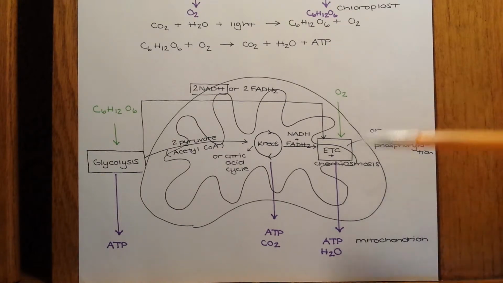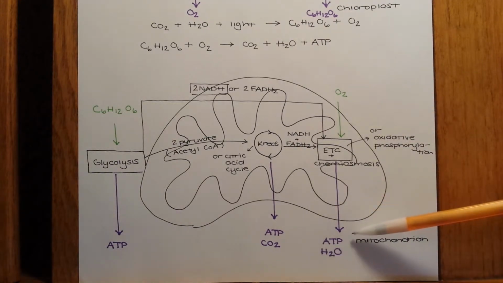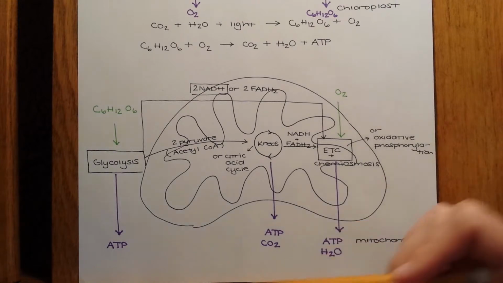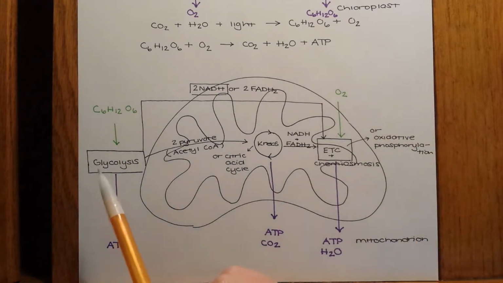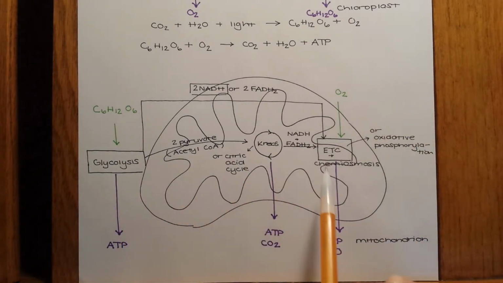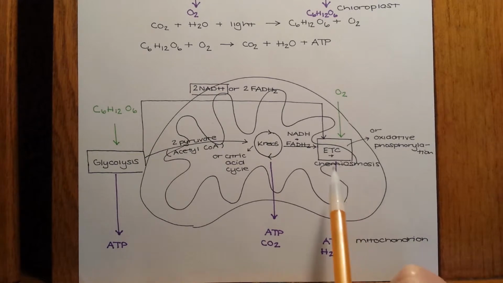You can also see where CO2 and H2O are coming out, and where the ATP is coming out. I like this picture because while it doesn't show you the details of glycolysis, Krebs, and the electron transport chain, it does show you what's going in and what's coming out in a pretty clear way.